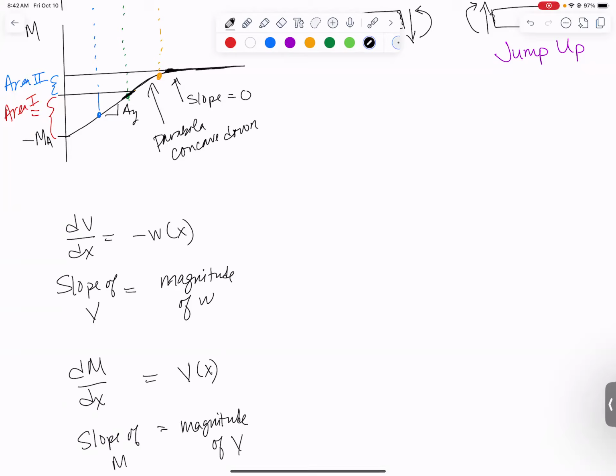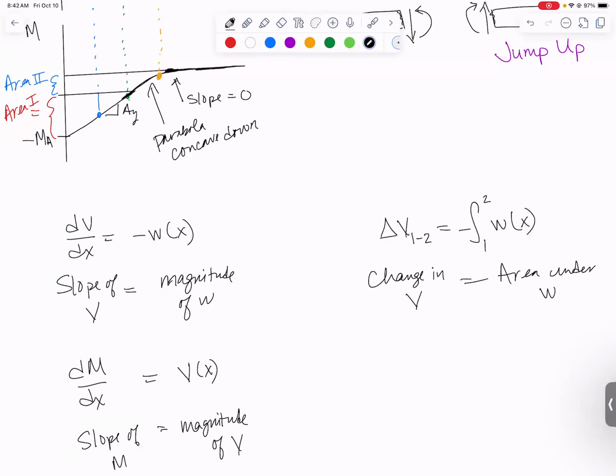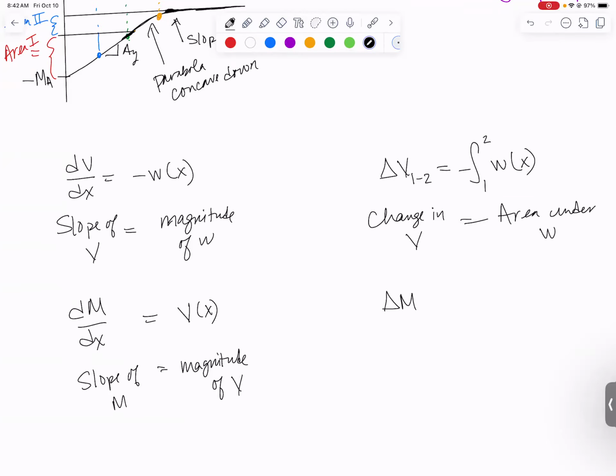We can also do the integral direction. If I wanted to know the change in V between any 2 points, I find the integral from point 1 to 2 of minus w of x, which is telling you that the change in V between any 2 points you care about is always going to be the area under the w curve. And the change in moment between any 2 points is going to be the integral from 1 to 2 of V of x.